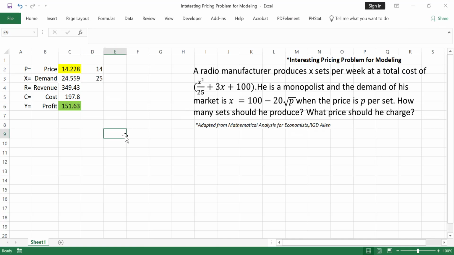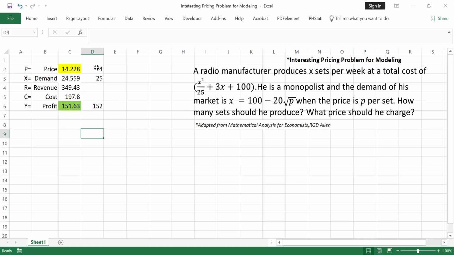So I round it to 25 sets. So the monopolist has to produce 25 sets, and the price he should charge is 14, and the revenue is $349.43, approximately 350. Cost is 198, and the profit 151.63. I can just put 152, and this is the solution.